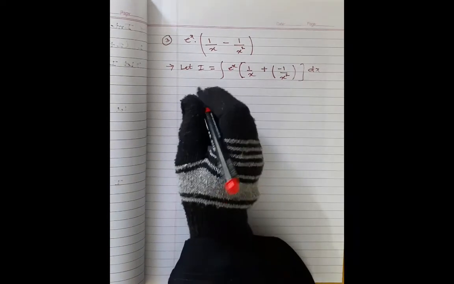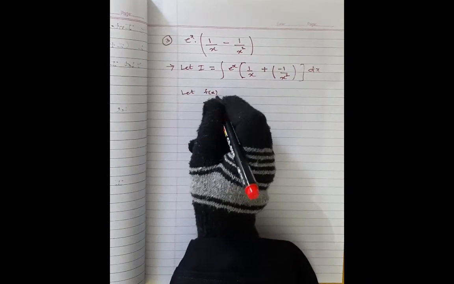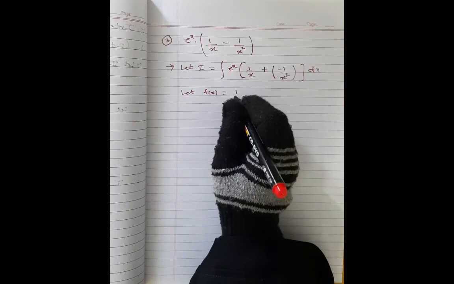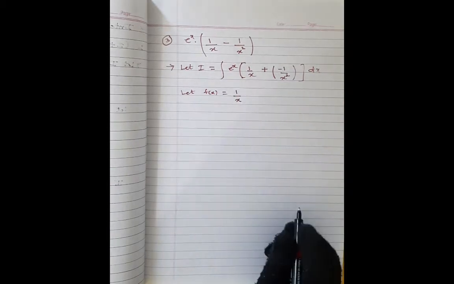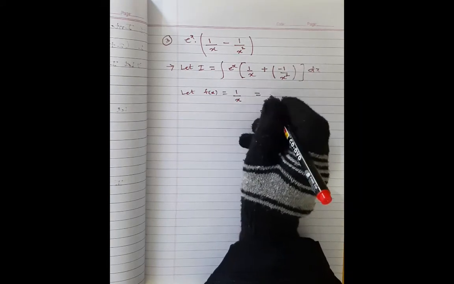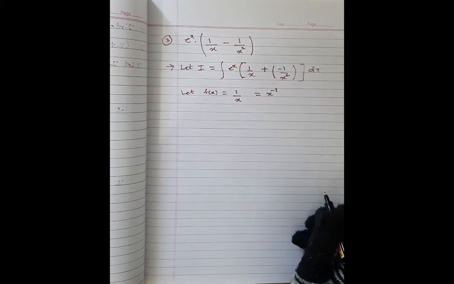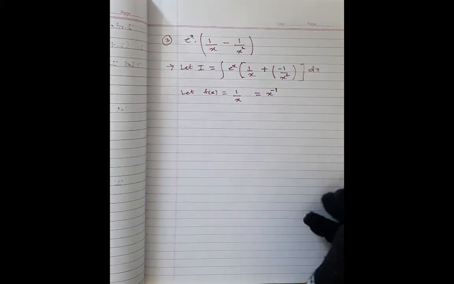Again, suppose we assume let f of x is equal to 1 upon x. Students, we will write 1 upon x in terms of power as x raised to minus 1, so f of x is x raised to minus 1.